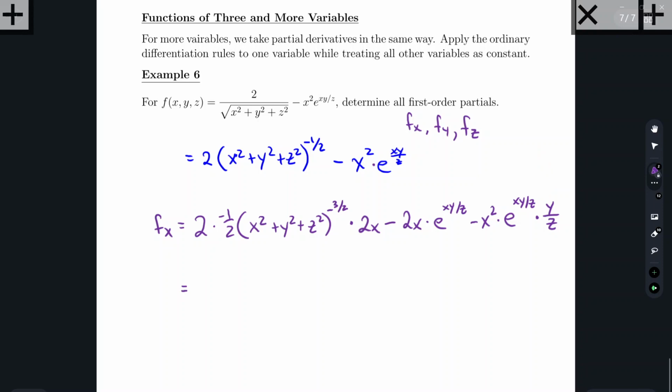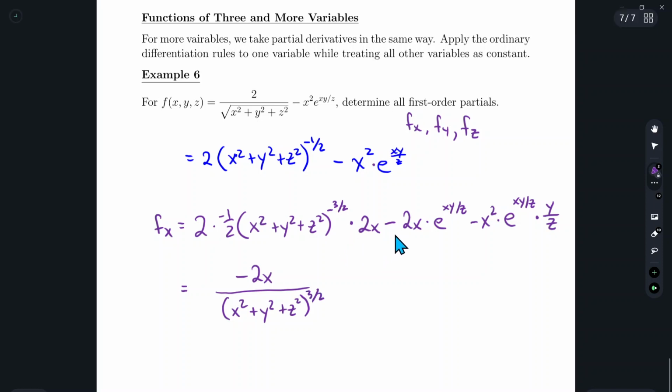And then I can simplify this a little bit. 2 times negative 1/2 is a negative, so negative times the 2x, you get minus 2x. This part has a negative exponent, so I can write it as x squared plus y squared plus z squared to the 3/2 power, but in the denominator. Okay, so let's take care of this part. And then this part here has the same exponential as this, so I can factor that out.